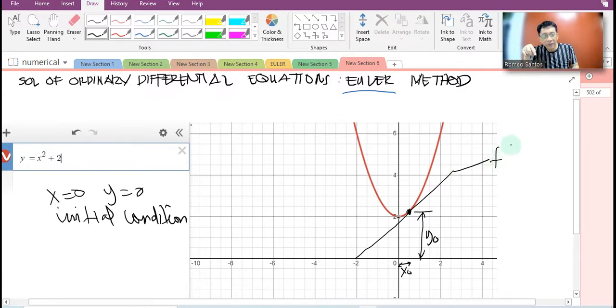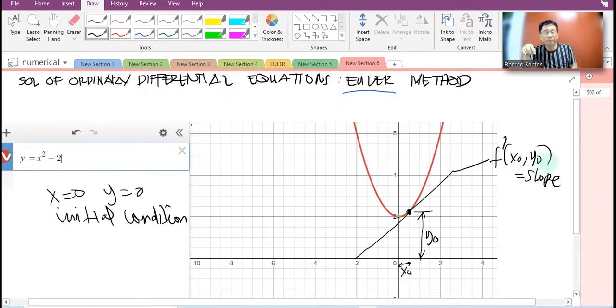This is a function of x0 and y0. It means that whatever your equation is, the first derivative, you just substitute the point there and you get the slope. Right? Here is the slope, which is the first derivative.